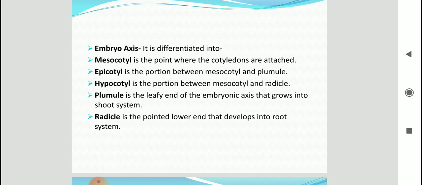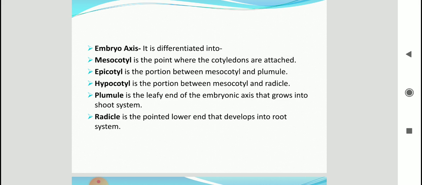It differentiates the seed into different regions. The first part is mesocotyle, the point where the cotyledons are attached. Then epicotyle, the portion between mesocotyle and plumule. Now plumule is the part which will get elongated and give rise to the shoot system of the plant.